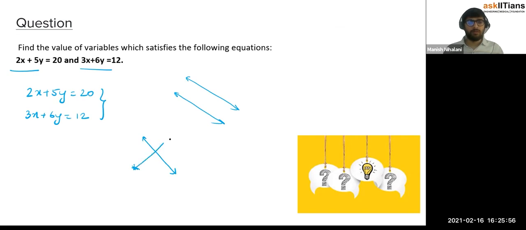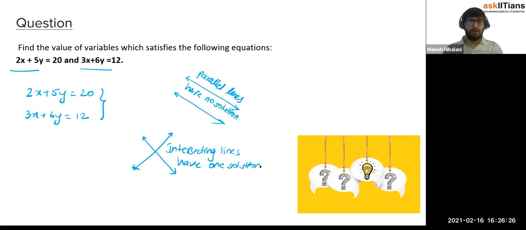So parallel lines have no solution because they never meet, and intersecting lines have one solution. Correct.